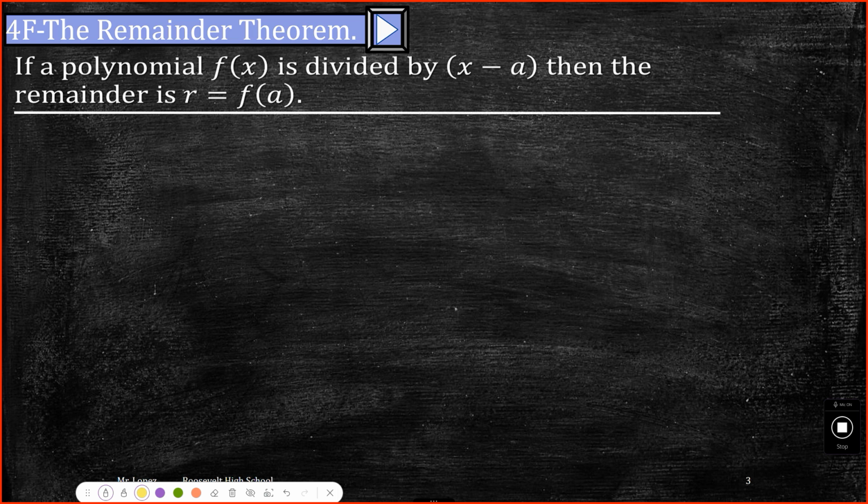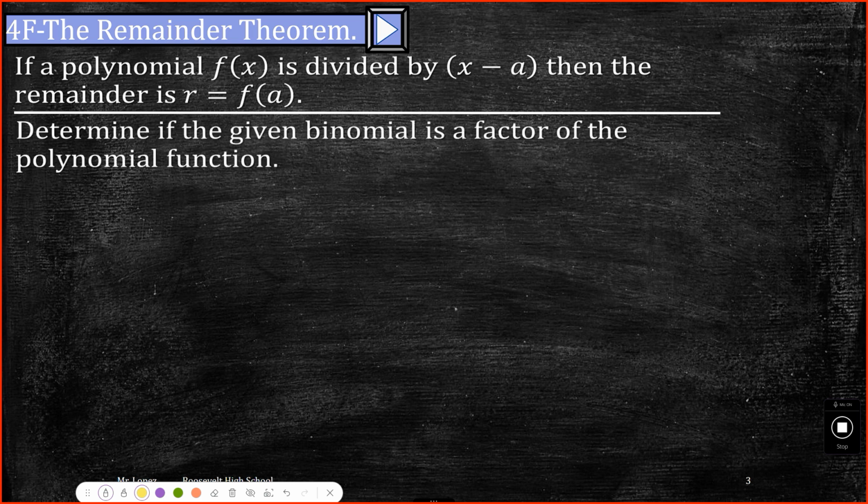This is somewhat what I was talking about. So let's do a problem based off of this statement. Determine if the given binomial is a factor of the polynomial function.